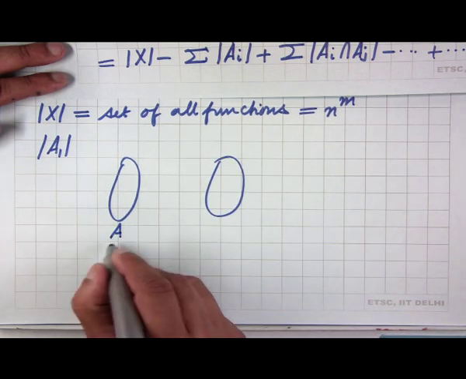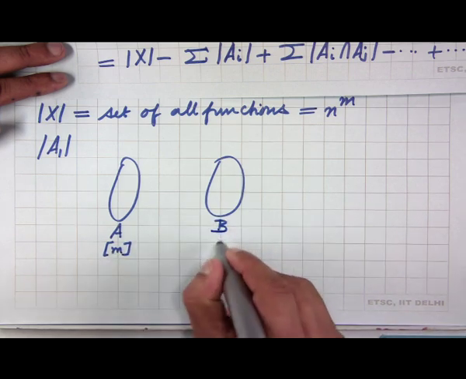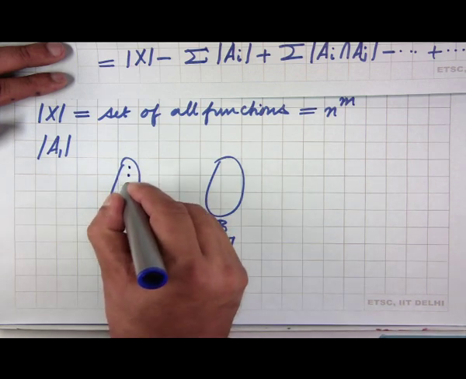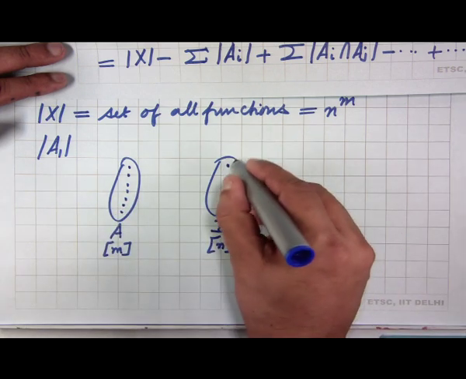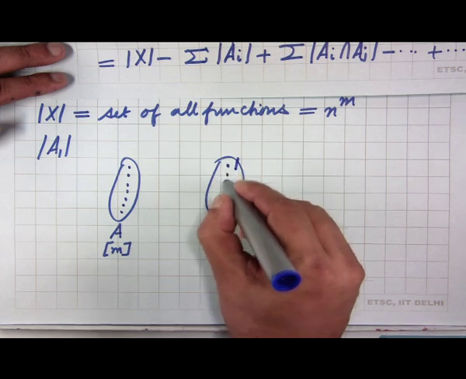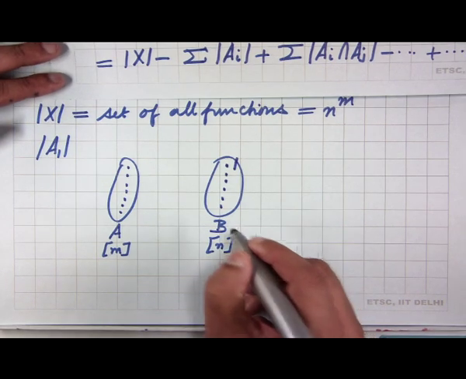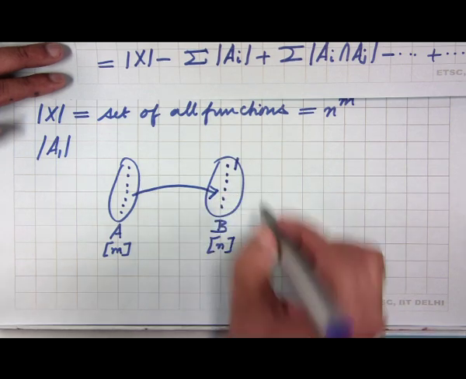Let me draw a little picture to illustrate this. Here A has m elements. Here B has n elements. So I put the elements of A as dots out here. I have 1 in B, which is the first element, and then there are n minus 1 other elements. Now, I'm looking at functions that go from A to B, but 1 is not in the range.